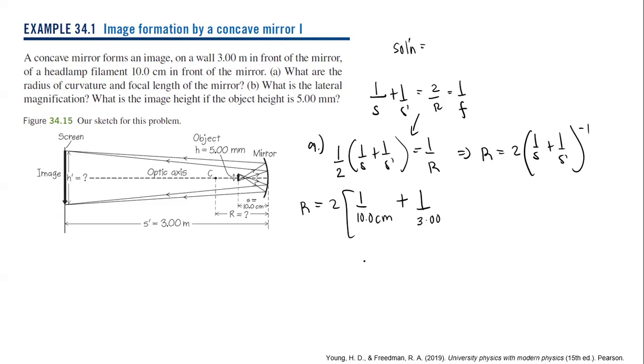Maybe we're going to use the meter: 1 over 10 times 10 to the negative 2 meter plus 1 over 3.0 meter, to the negative 1.